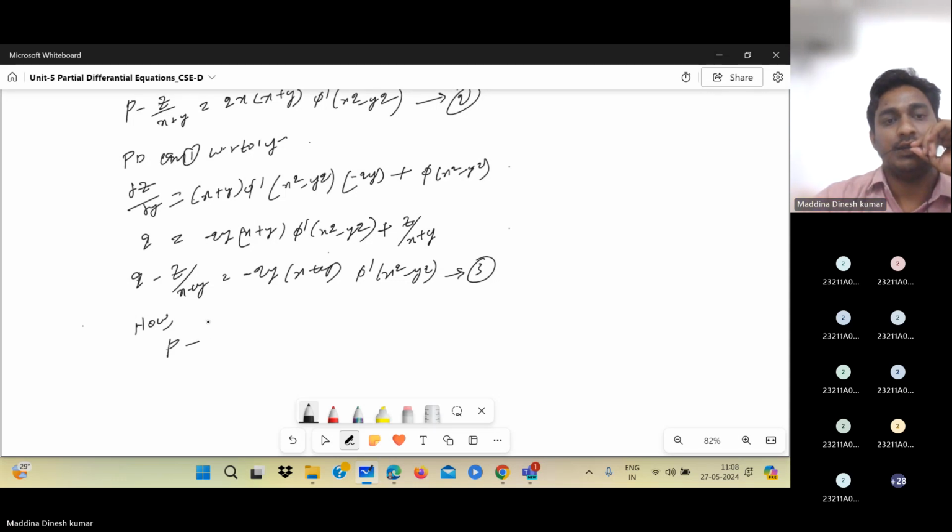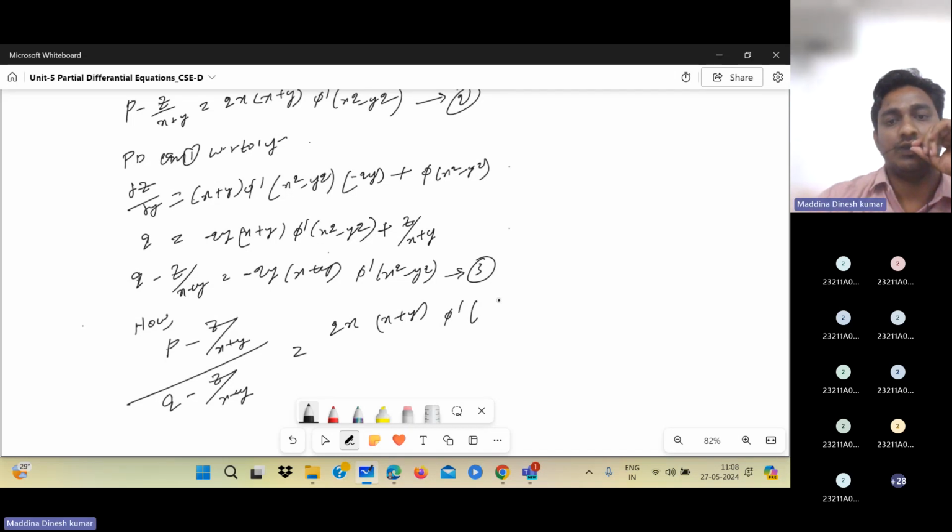P minus z by x plus y by q minus z by x plus y equal to 2x into x plus y pi dash of x square minus y square, next remaining minus 2y into x plus y pi dash of x square minus y square.